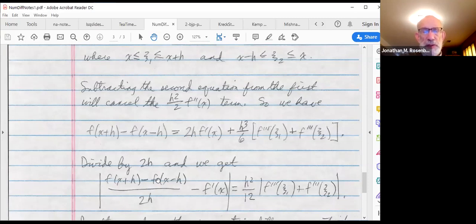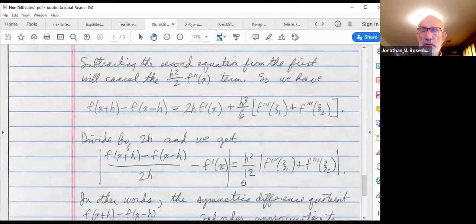And you divide, so you take the difference between those two f values, divide by the length of the interval, which is 2h, and subtract f prime, then that thing is, when we divide it by h, this h cubed now becomes an h squared. And we divided by 2h, so the 6 became a 12. So on the right-hand side, we have h squared over 12 times this number over here.